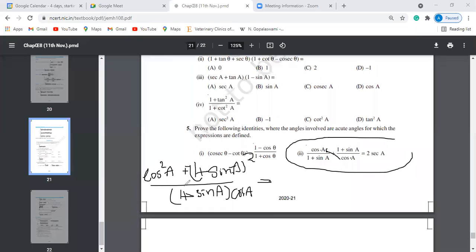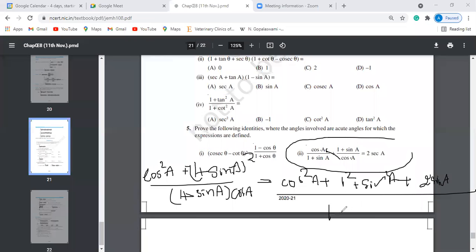Okay. So now observe cos square A plus 1 square plus sine square A plus 2 sine A. Correct? It is the a plus b whole square formula: 1 square, a square plus b square plus 2 ab. That's what I have written.